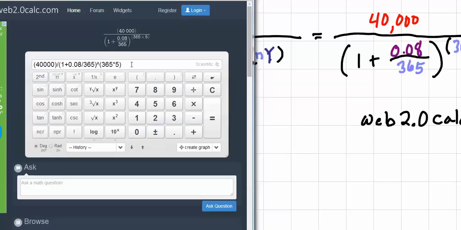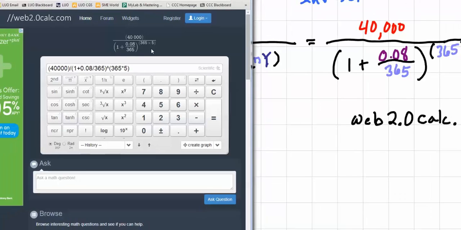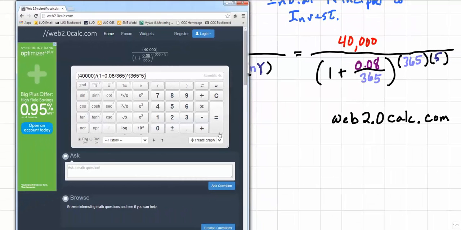Now you'll see that this has been typed in exactly the way I have it written in the notes. We press equals, and this gives me the answer of $26,813.977, which we'll round off to $26,813.98.